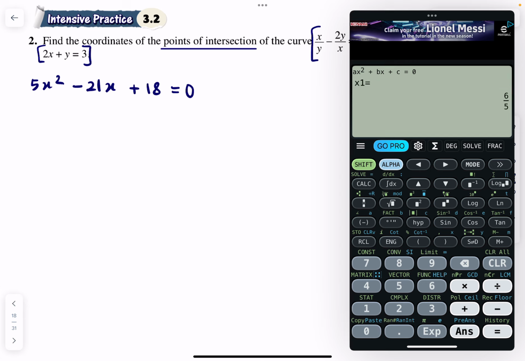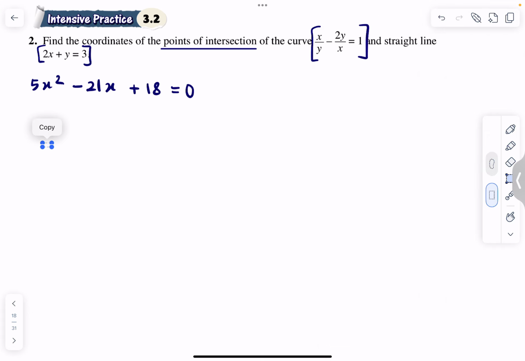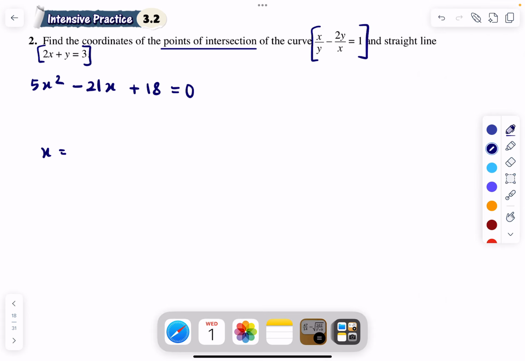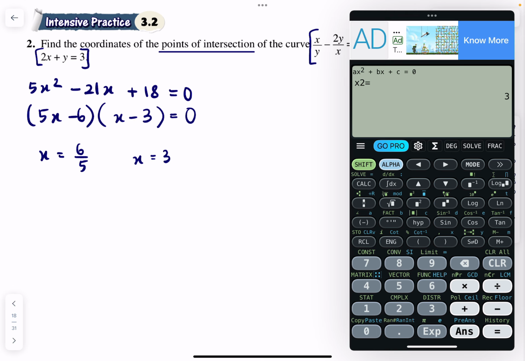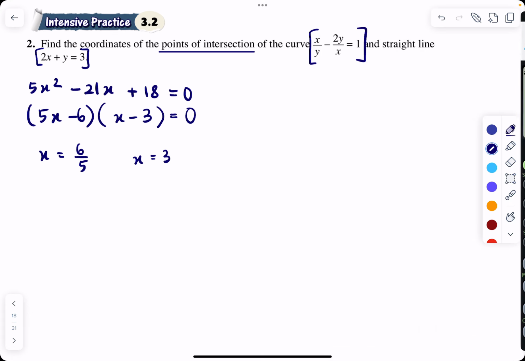So our x we get x is 6 over 5 and the other x is 3. I left some space here so that I can put the brackets. So this will become 5x minus 6 and here will become x minus 3. So we get our two values of x.